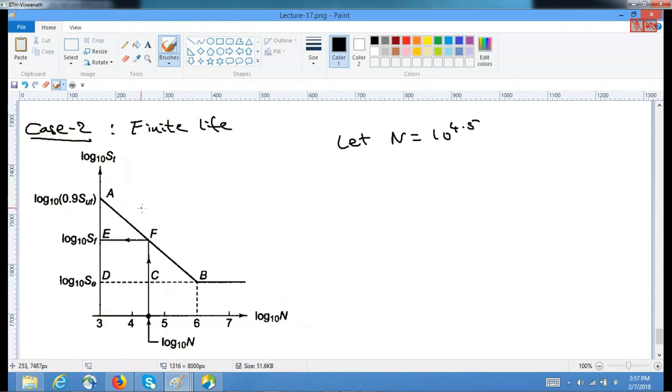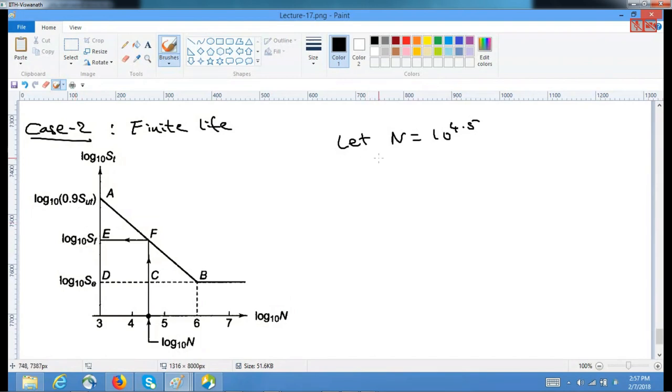First let us see the corresponding SN diagram. Take this SN diagram and take your SUT, and multiply it by 0.9. Even though it is 1, we take some kind of safety factor and consider it as 0.9, so instead of 1 SUT, we'll use 0.9 SUT.